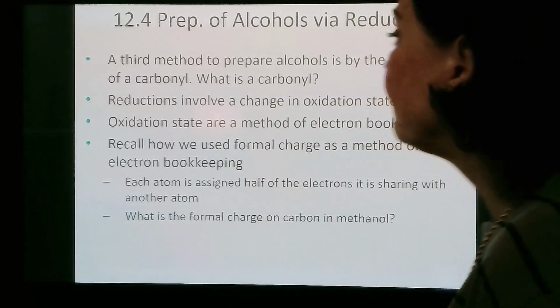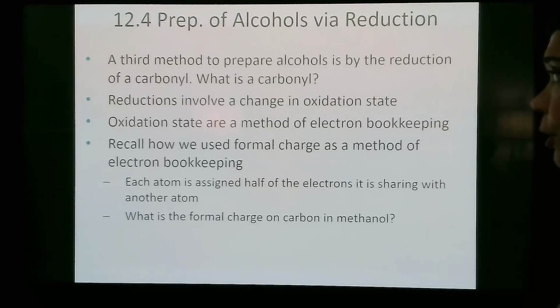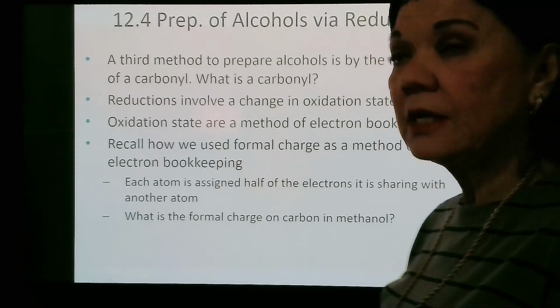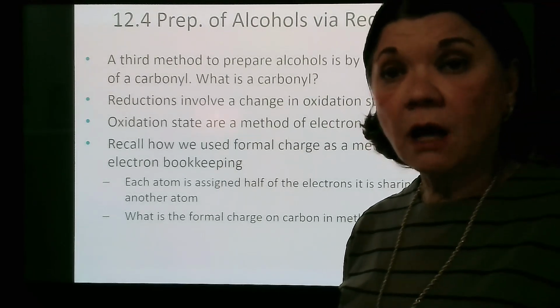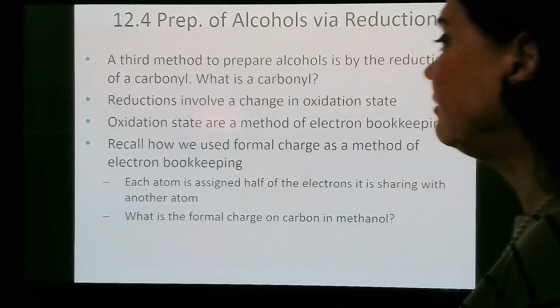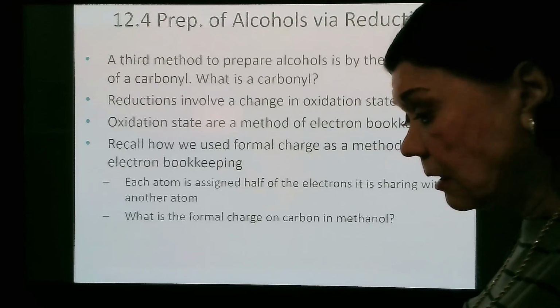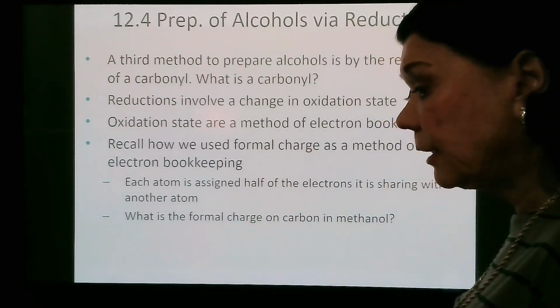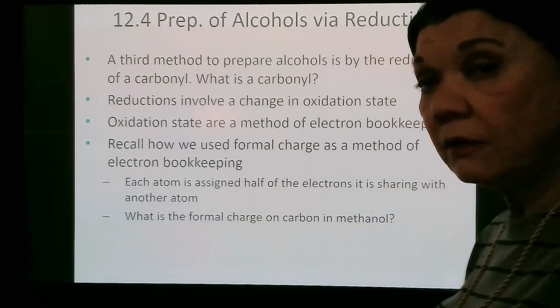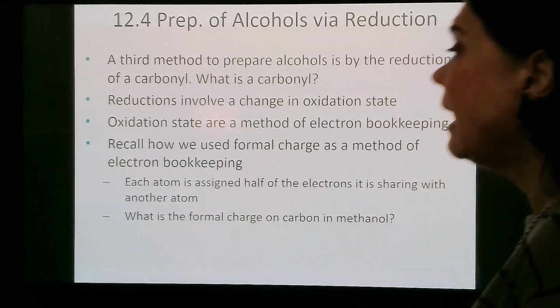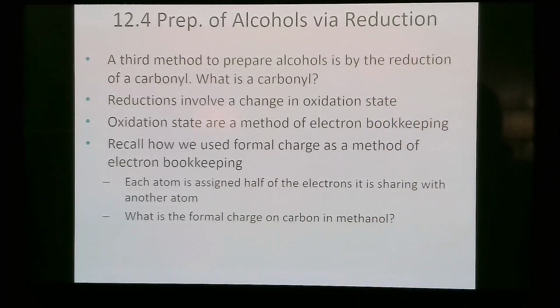And so now we're going to look at a third method, and that's going to be the reduction of a carbonyl. So you know what a carbonyl is. It's a carbon-oxygen double bond, and we've discussed this. The reduction of a carbonyl is basically replacing one of the carbon-oxygen bonds with a carbon-hydrogen bond. And that's going to be a reduction.